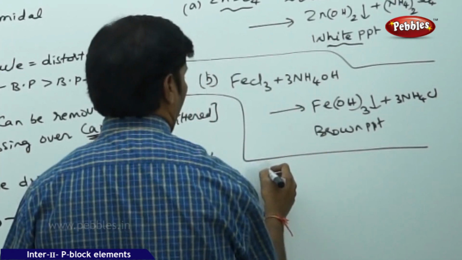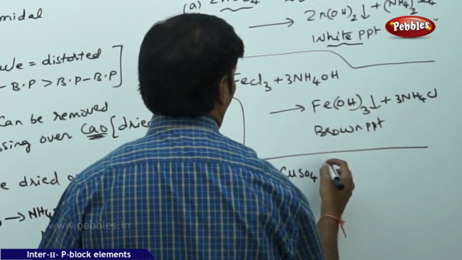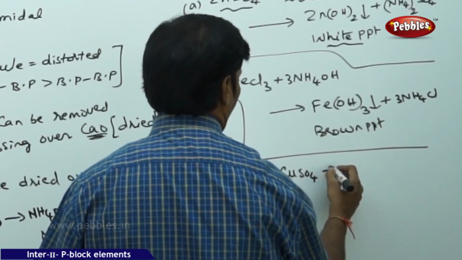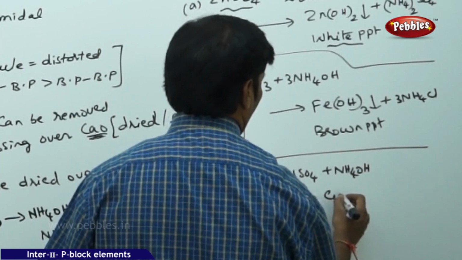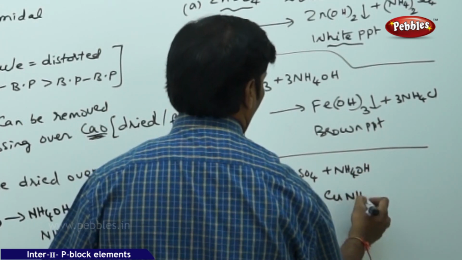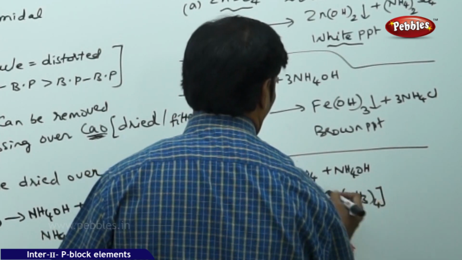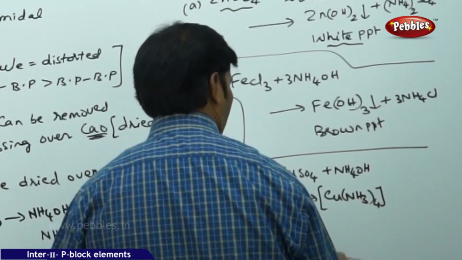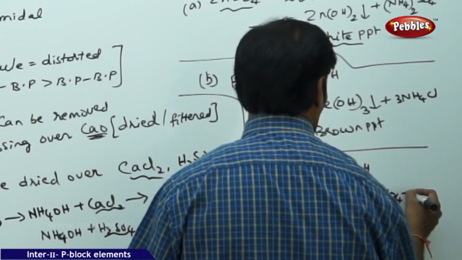If you take copper sulfate, it reacts with ammonium hydroxide and forms Cu(NH3)4 sulfate plus H2O.